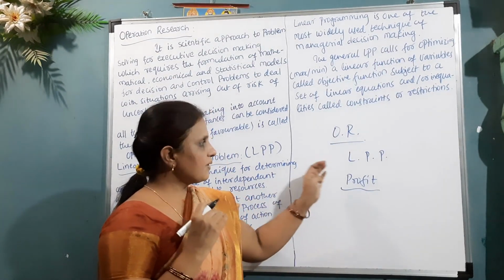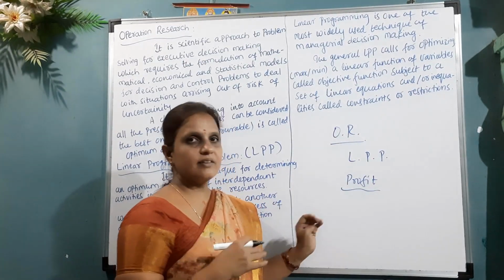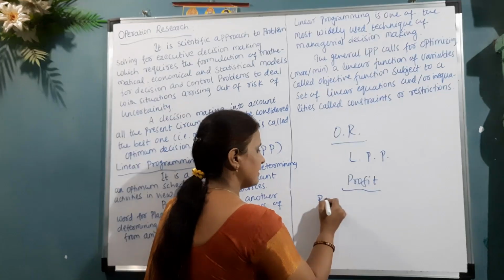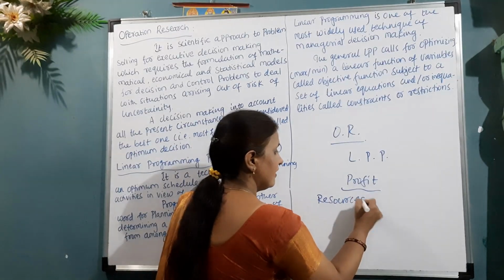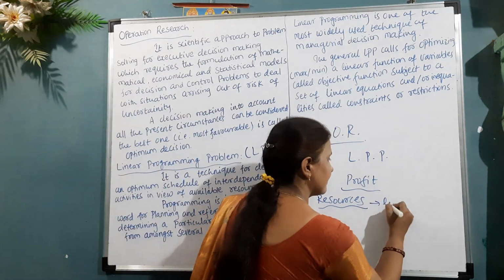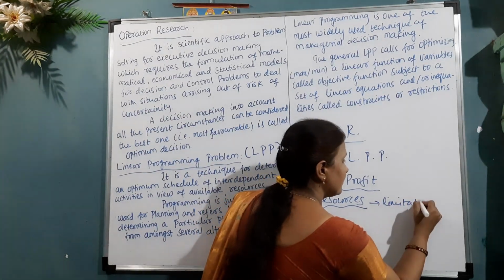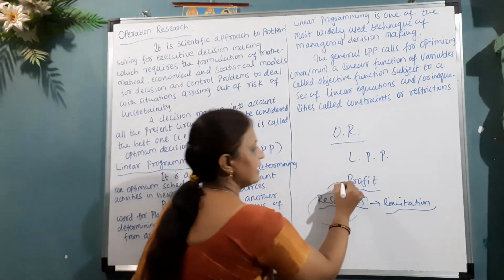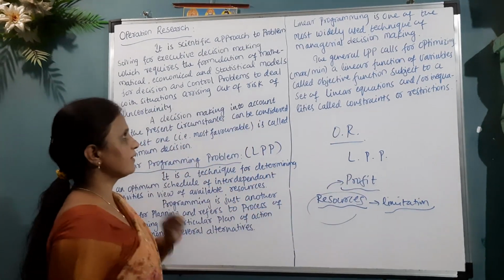So linear programming problem will show us the way to increase the profit using the given number of resources. When resources are there, along with that limitations will be there. So according to the limitations, using the proper resources, we get the profit. That will be linear programming problem.